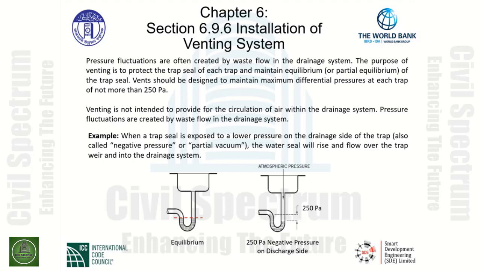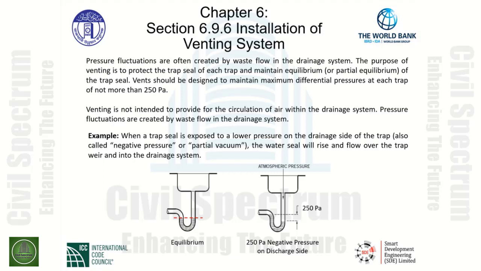Pressure fluctuations are created by waste flow in the drainage system. As an example, when a trap seal is exposed to a lower pressure on the drainage side of the trap, also called negative pressure or partial vacuum, the water seal will rise and flow over the trap weir and into the drainage system.